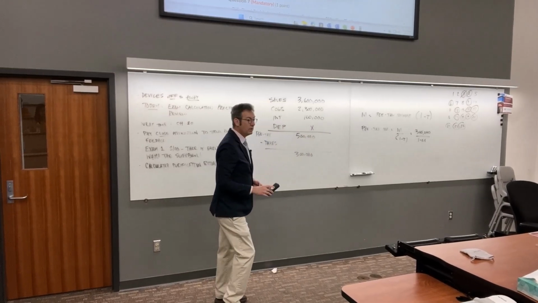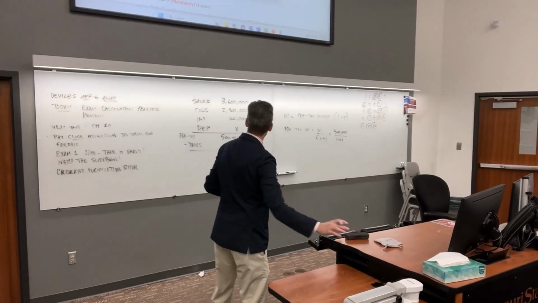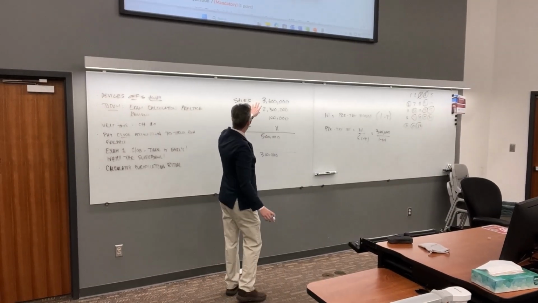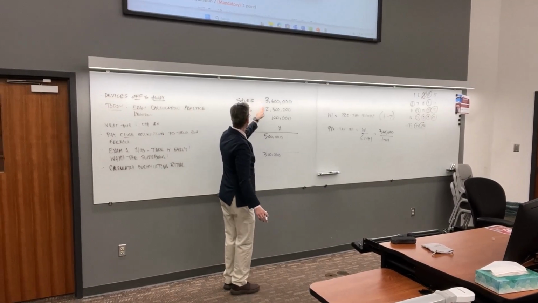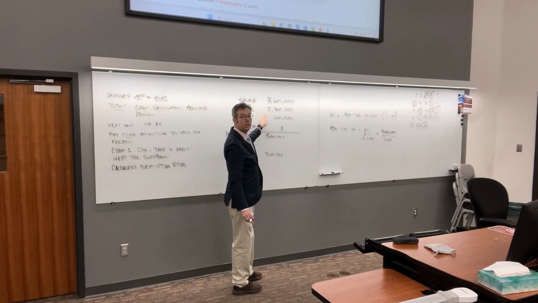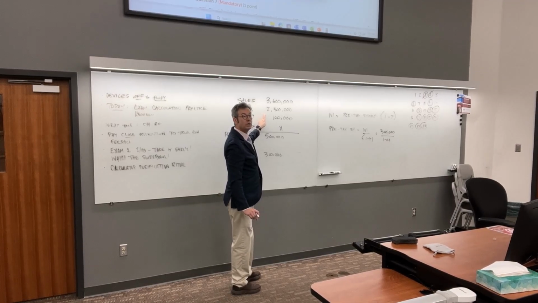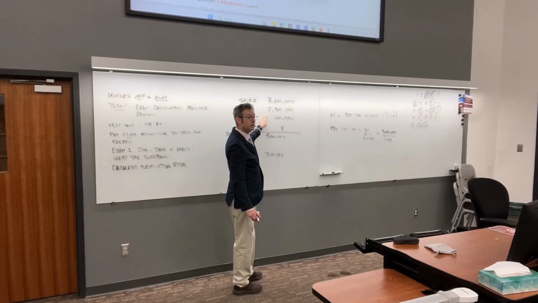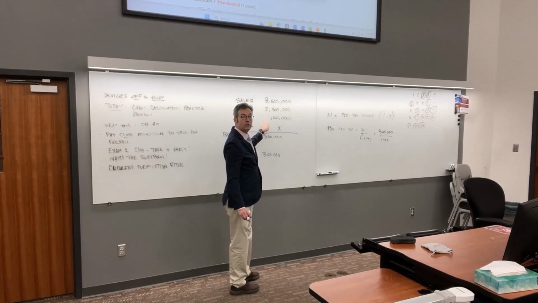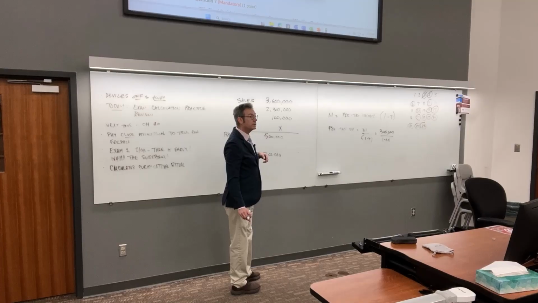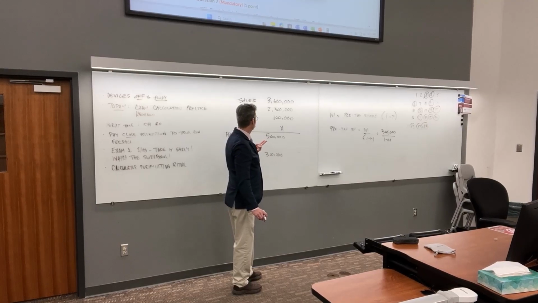And so now we can go back and do some collecting on both sides. We'll start here. 3.6 million minus 2.3 million gives us 1.3 million. Does that sound right? And then if I subtract another 100,000, I'm down to 1.2 million.